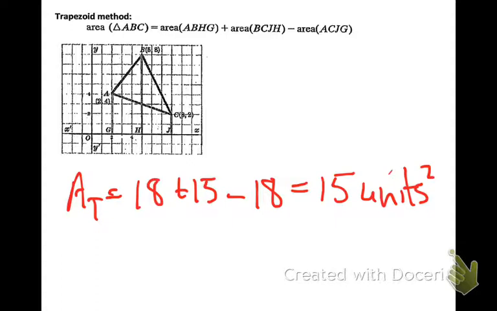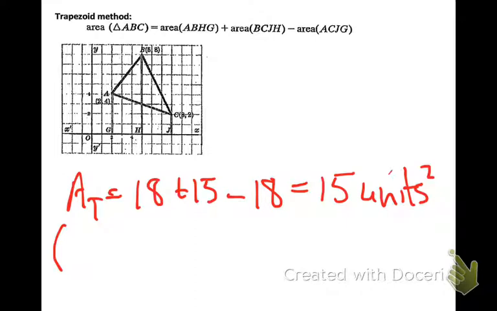Now, on the homework, you have 3 that you're going to do with the rectangle method, and 2 with the trapezoid method. The ones on the homework are a little bit different in that you're going to plot your points on your grid. You have to use 4 trapezoids.